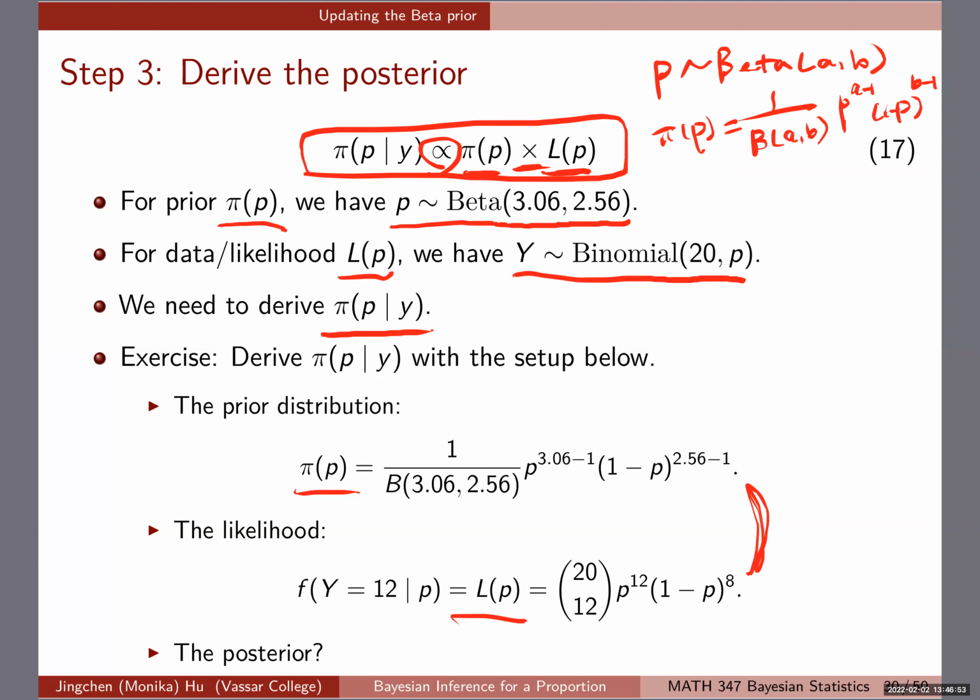When I introduced that in the first place, I was saying that at least this part of it looks very similar to a binomial density. So what we're going to do here is express it with specific a and b values, and for our likelihood, we have n equals 20 and y equals 12. With that, once we take the product, it's pretty natural to try to combine the powers of p and the powers of 1 minus p from the two terms.